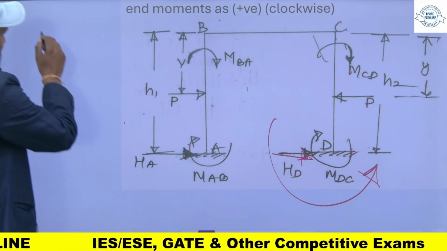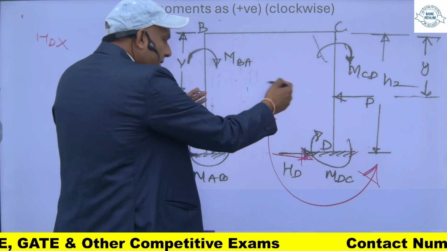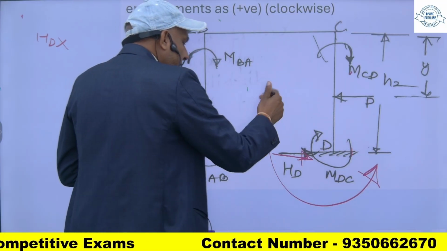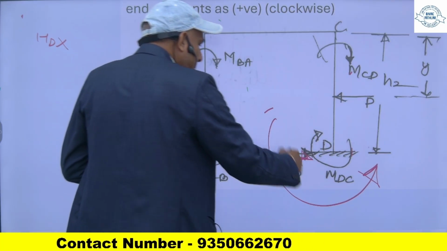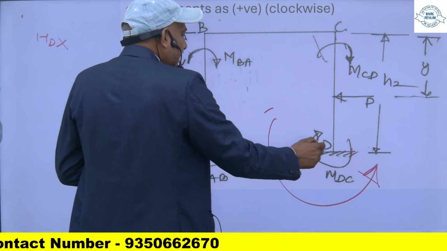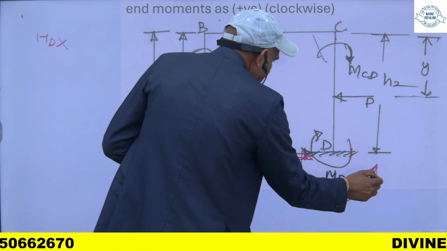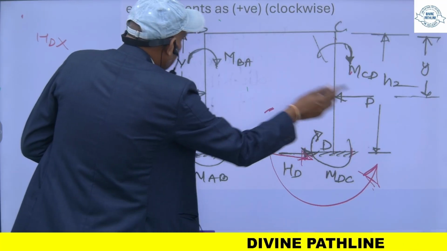So this will be SD. Consider this moment, this anticlockwise, suppose we take this as positive. Suppose this moment SD into this side, so this will create moment in this direction. So if you consider this positive, this will be SD into this side S2.